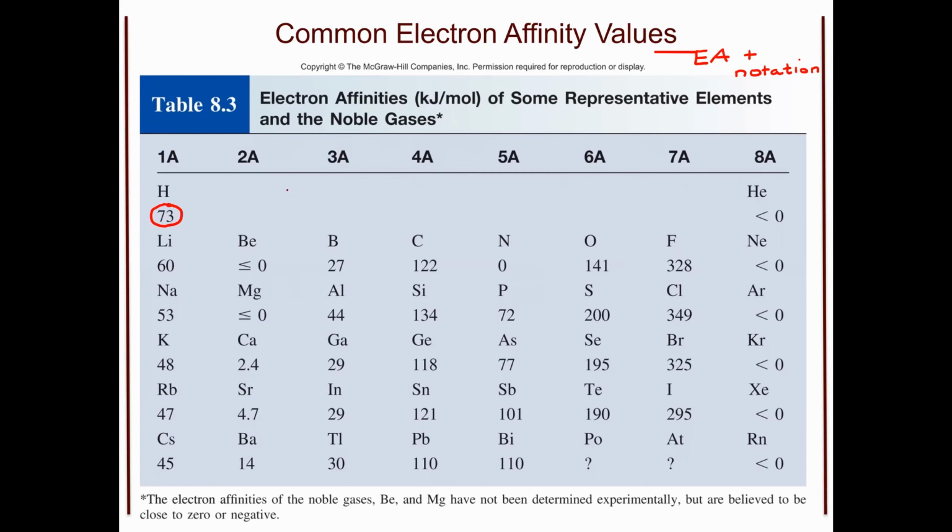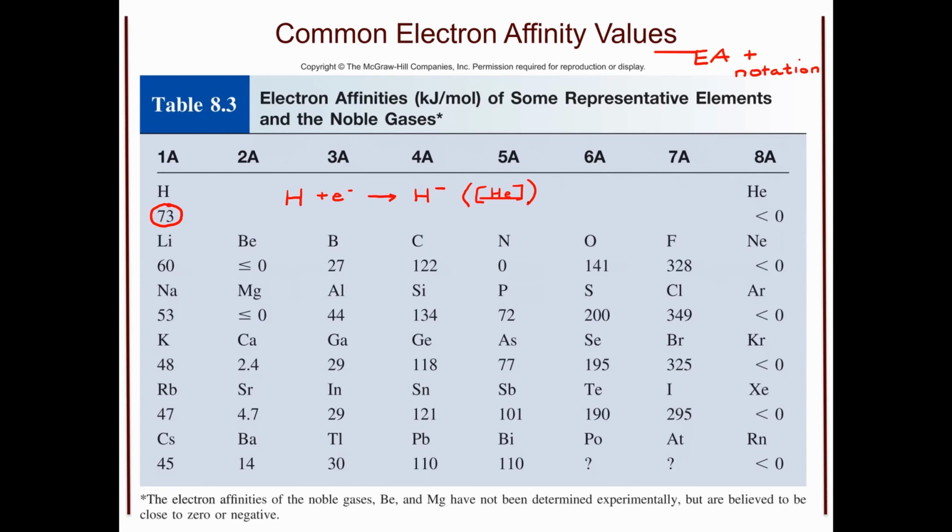If I take hydrogen, even though it has one electron, and I were to add one electron, I would actually get the hydride anion, which then has the same electron configuration as that of my helium. That is incredibly stable. So having 73 kilojoules of electron affinity shows that we are going to get some benefit by giving it an electron.